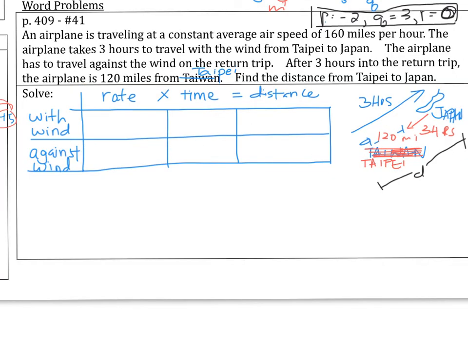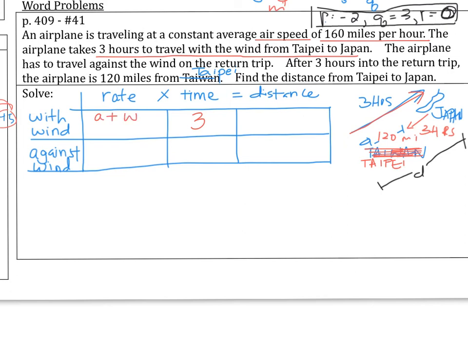An airplane is traveling at a constant average airspeed of 160 miles per hour. The airplane takes 3 hours to travel with the wind from Taipei to Japan. So Taipei to Japan with the wind. I could jot this down in my chart. 3 hours. When you fly with the wind, it would be airspeed plus wind speed.